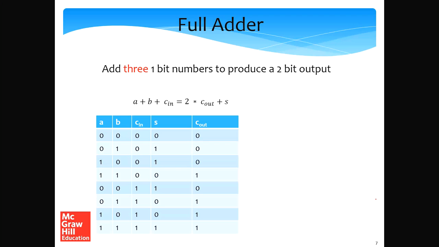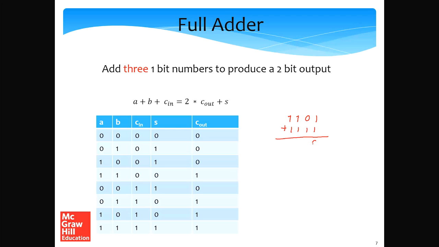Let's now consider a full adder. A full adder will be required when we want to add 3 bits. Let's assume that there is a large Boolean number, something of this type. When we perform the addition for the LSB bits, we can use a half adder.